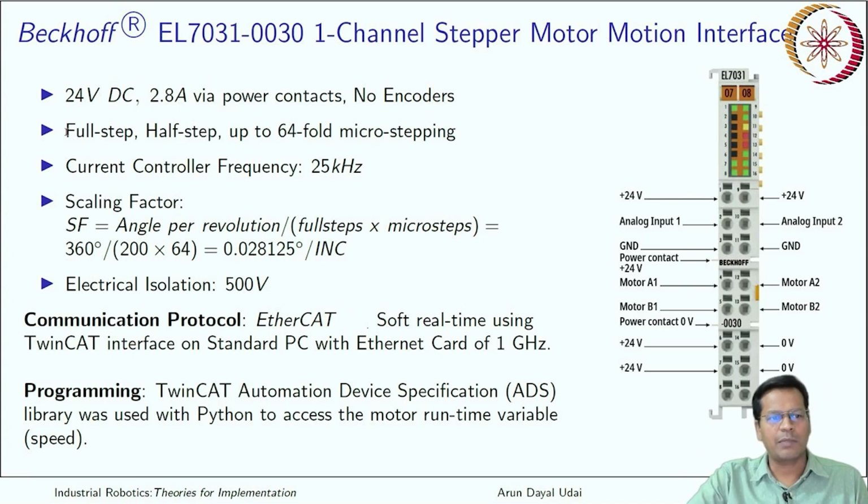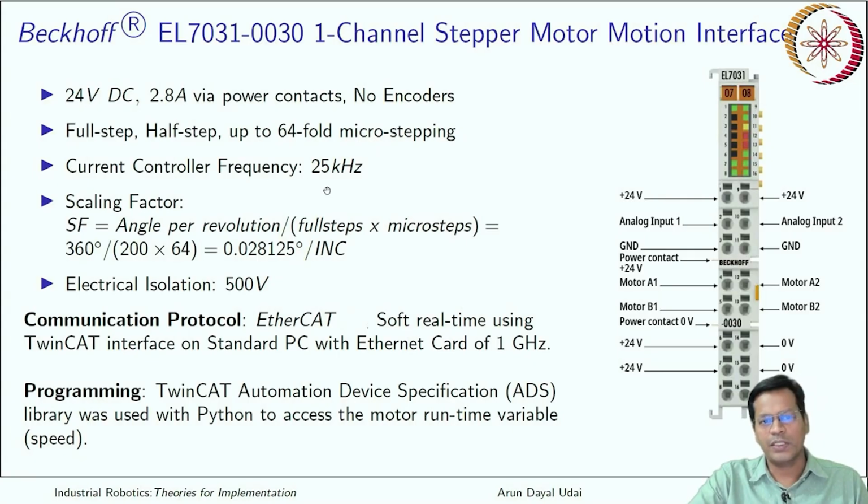This has the capability to run in step mode, that is full step, half step, or 64-fold micro stepping. What does 64 mean? It means from one pole to the other, it can shift in 64 folds. You can imagine 64 intermediate positions, that is 2 to the power 6 intermediate steps at least. That is the micro stepping it can attain.